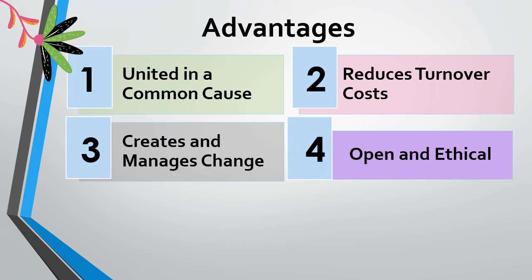Fourth, keep the organization open and ethical. The entire sphere of influence is based upon them being transparent and openly living the values they have established for the organization. Fifth, promote morale through better communication.